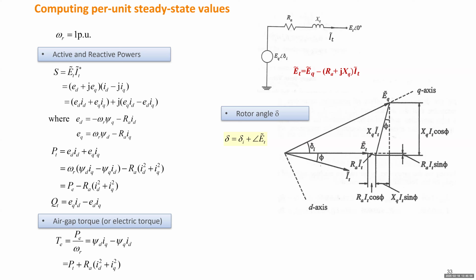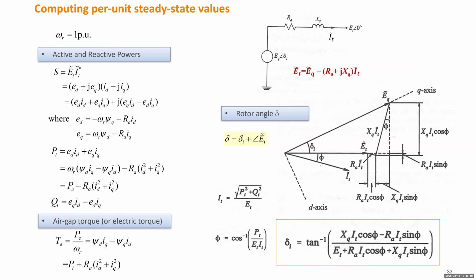All right. So the next question is how to solve this delta I. If we solve delta I and add the angle of the terminal, we will know the rotor angle. So it is very important to calculate this delta I. From ECE522, we already proved the equation to calculate delta I, but now we can just quickly do that.